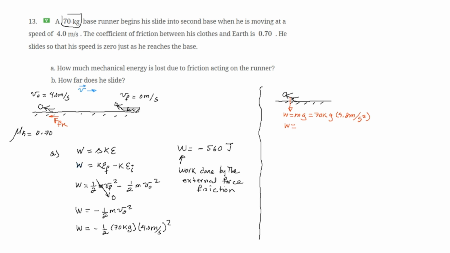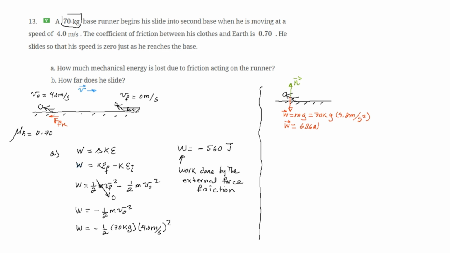Now, we also have a normal force. It's acting upward. The normal force is always acting perpendicular to the surface. So the normal force is antiparallel with the weight and has the same magnitude as the weight.